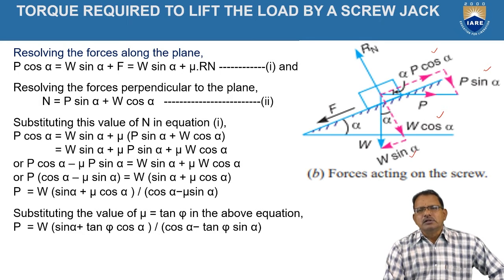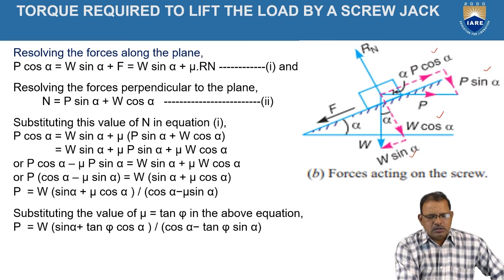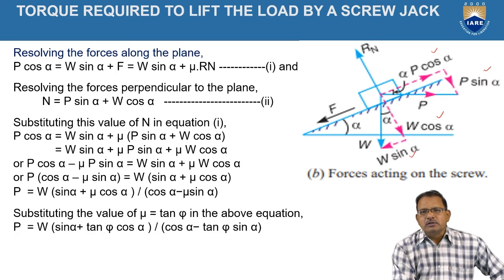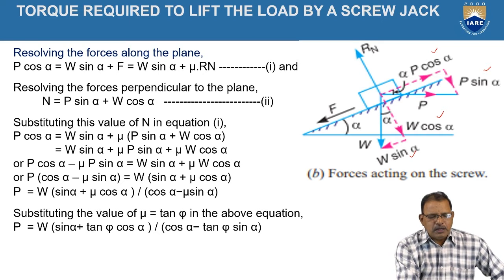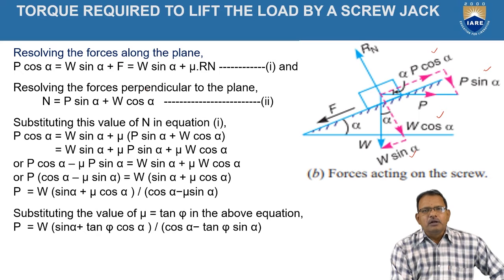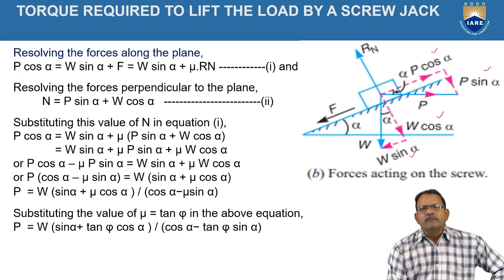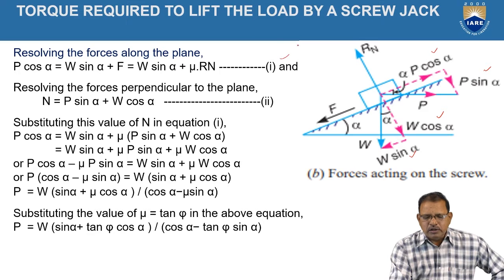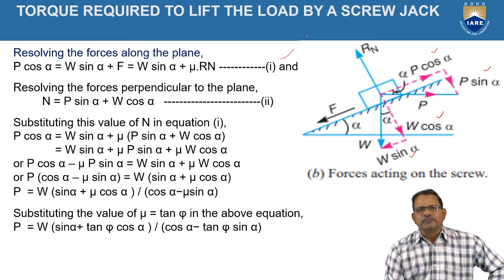and the friction force F, which always acts in the direction opposite to that in which the body tends to slide. Hence, resolving the forces along the plane, P cos alpha equals W sin alpha plus F, where F equals mu R N, mu being the coefficient of friction between the body and the sliding surface and R N the normal reaction. We represent this as equation 1.